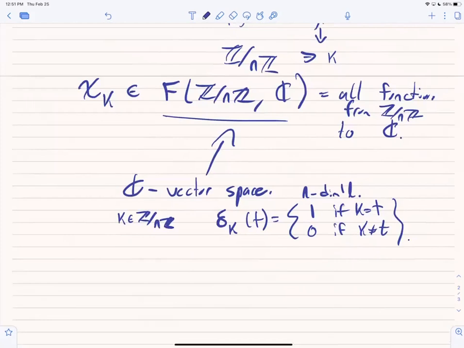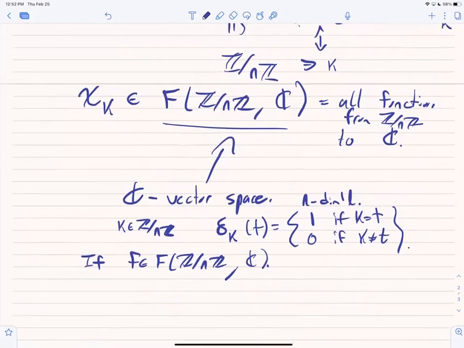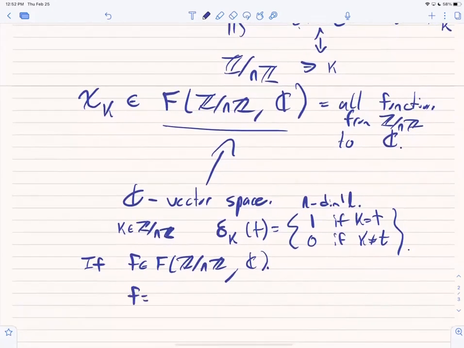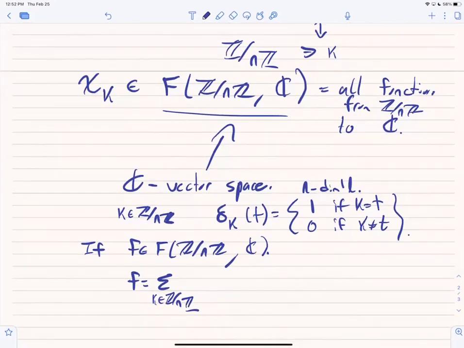Okay, and these are clearly linearly independent. If you have some complex valued function f on Z mod nZ, then f is just equal to the sum over all k in Z mod nZ, so over all n elements of the set, of f of k times delta k.